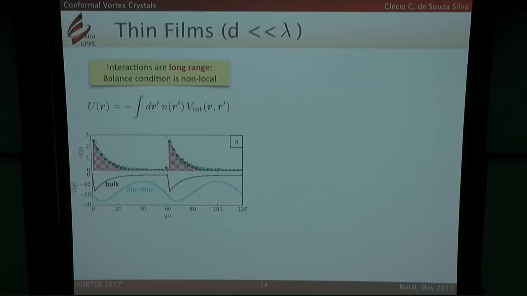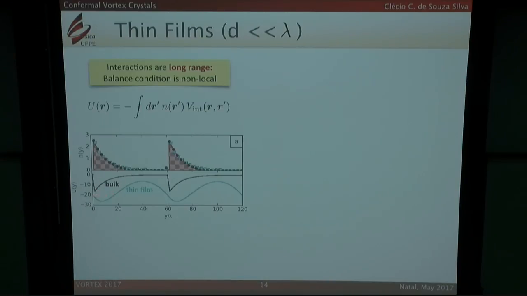And here, for a comparison, we plot the density profile of vortices resulting from the simulation. Here is the external potential. This is for the previous situation, where you have vortices in bulk superconductors interacting via Bessel potential.